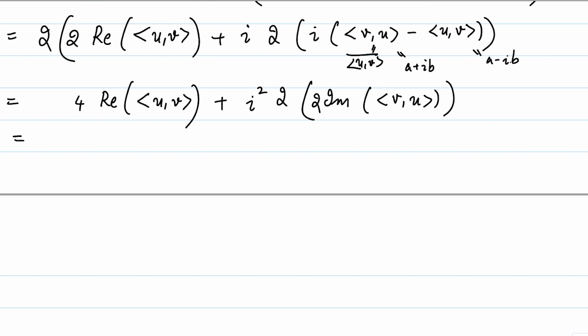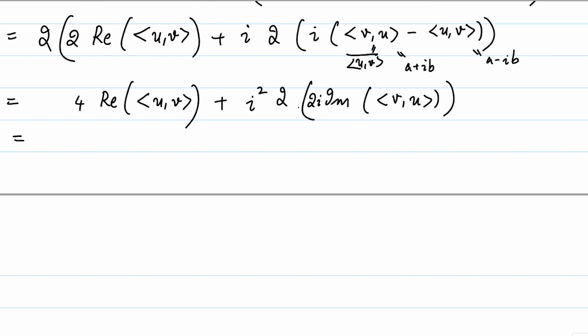We should do the subtraction and see that a plus ib minus a minus ib is, oh, there is an i. There is an i, so we should be careful. So 2i times the imaginary part of the inner product of v comma u. So the answer when you subtract will be 2ib, which is 2 times i into the imaginary part of that. So that's what I have written here.